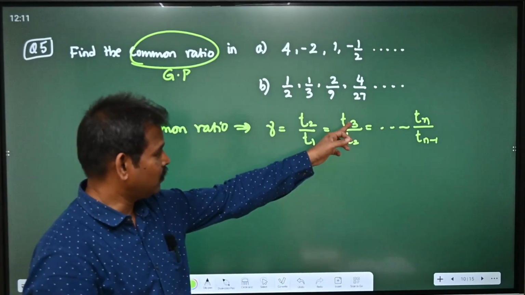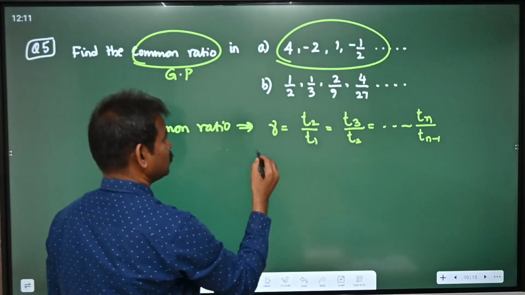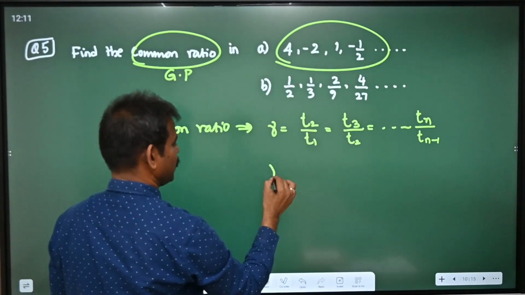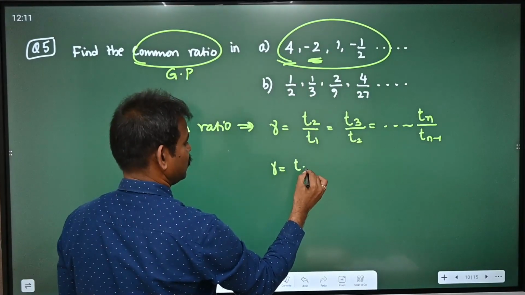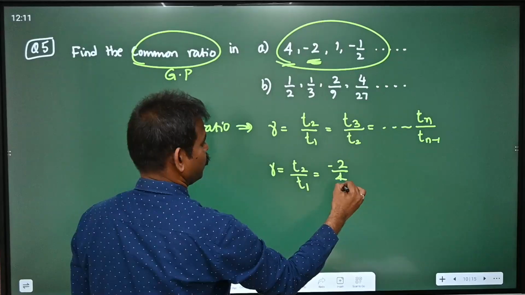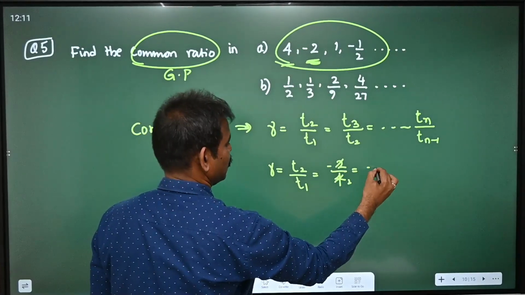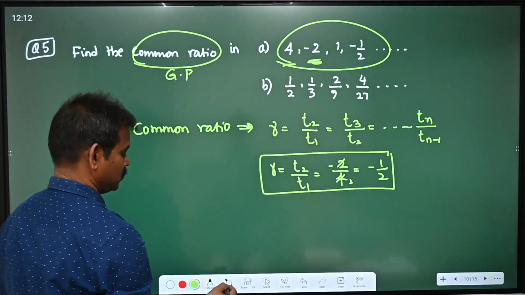Any term by the previous term. So here, if you take this GP, the common ratio is T2 by T1, that is minus 2 by 4, 2 ones, 2 2s cancel, minus 1 by 2. So this is the answer for the first one.